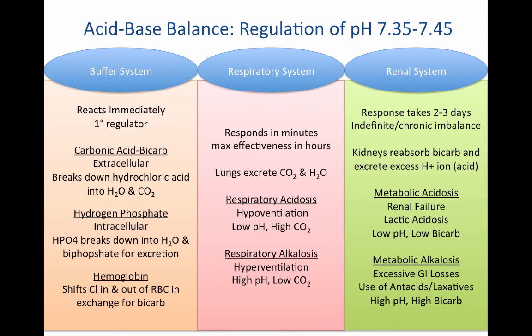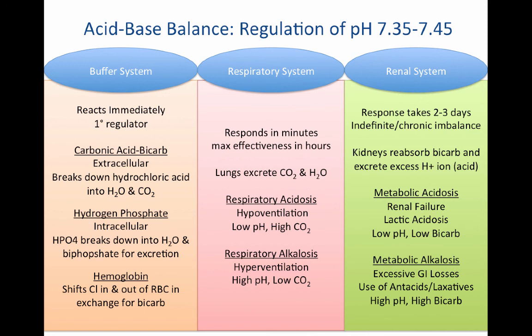The hemoglobin actually assists in regulating pH because it can shift chloride in and out of red blood cells in exchange for bicarbonate. So again, if you need to buffer the blood and you need to be able to exchange for bicarbonate, the hemoglobin can help us do that.